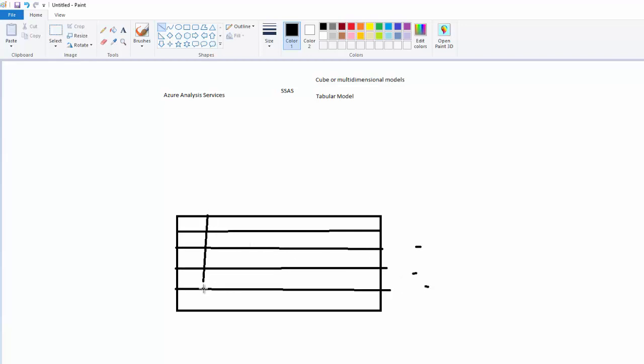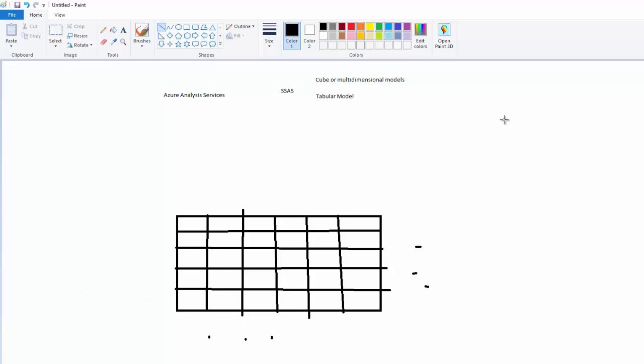For example, this is a customer table, and it has columns like customer ID, customer name, customer age, gender, and so on. This customer table is two-dimensional: one is the row, the second one is the column. So it is just two-dimensional.